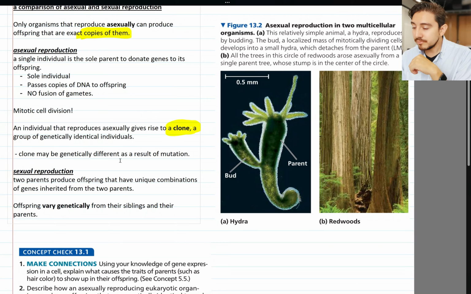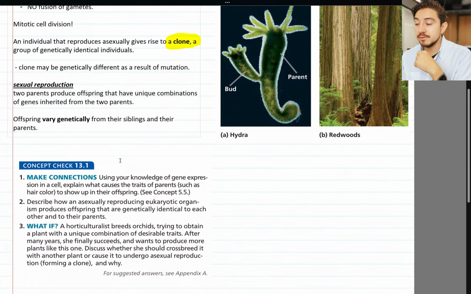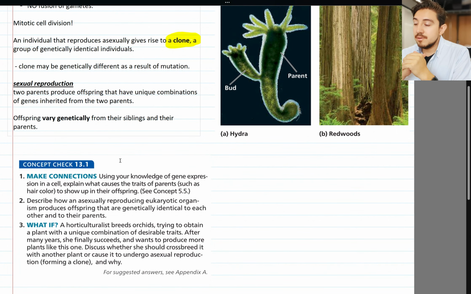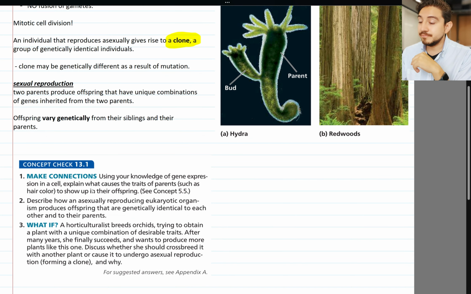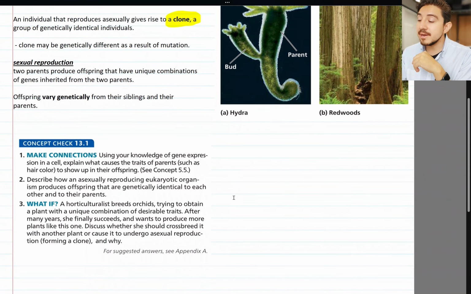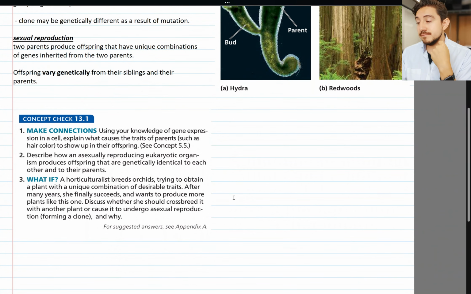Whenever you produce an identical individual, this form of reproduction will give rise to a clone, and that's essentially what a clone is: a group of genetically identical individuals. You could have variation within a clone just because of mutations.